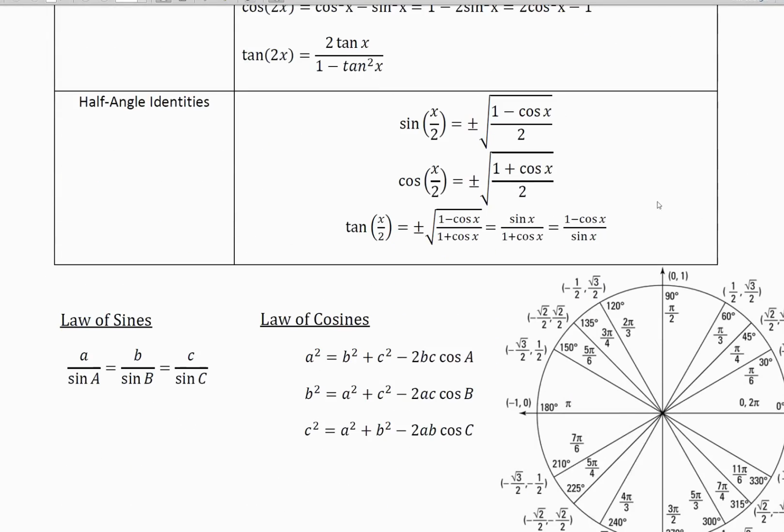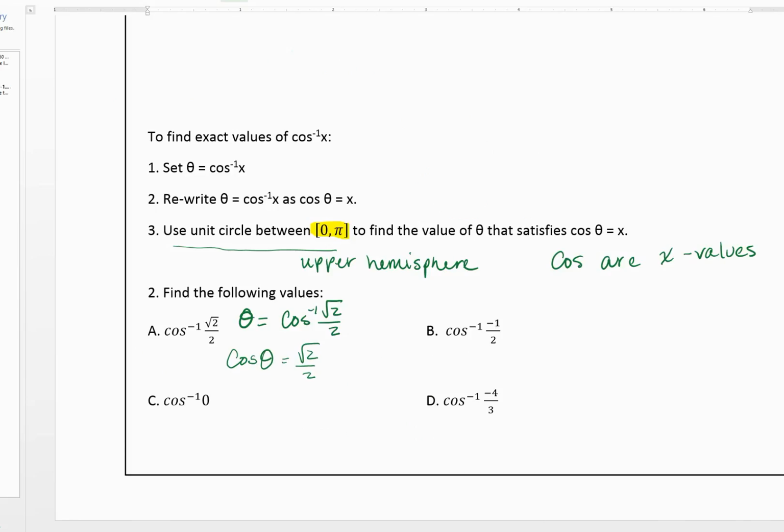Here's our unit circle, and sorry it's getting cut off a little bit here, but we can see the important one. Our x value right here is square root of 2 over 2, and that's 45 degrees, or pi over 4. You can either give these in radians or in degrees. So we can say theta would equal 45 degrees.